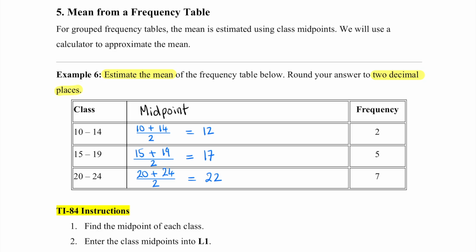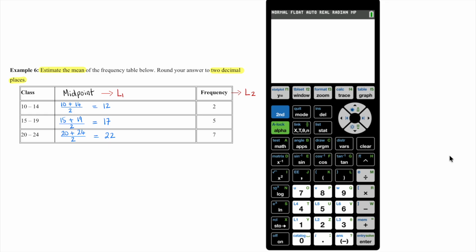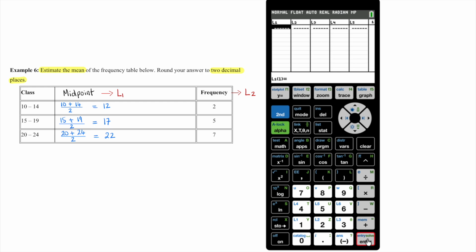So in the calculator, L1 will contain the midpoints, and L2 will contain the frequencies. In this video, I'm going to show you how to use a TI-84 calculator to estimate the mean from a frequency table. Press the Stat button, choose Edit, and press Enter.